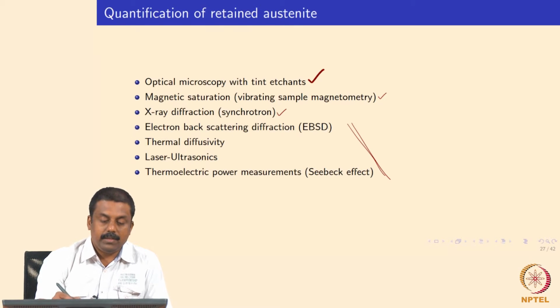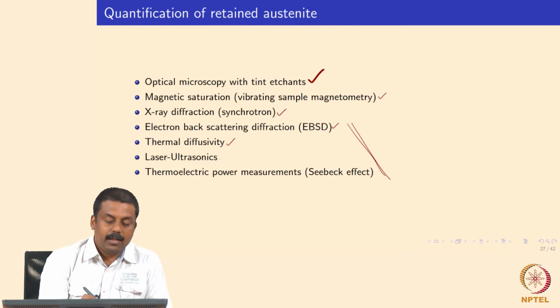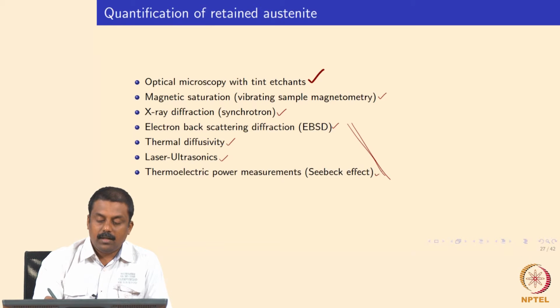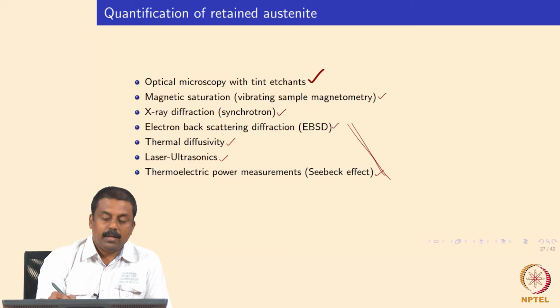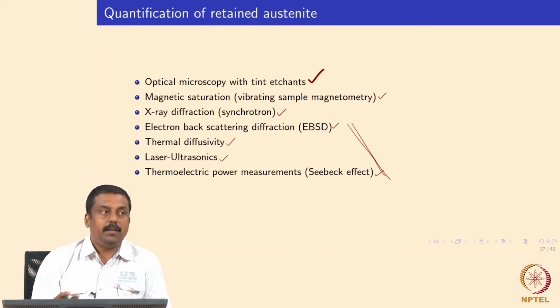For example, you can use electron backscattering diffraction (EBSD), thermal diffusivity, laser ultrasonics, or thermoelectric power measurements. In this case, the magnetic saturation, and to some extent even synchrotron X-ray diffraction, may also measure retained austenite in bulk or in the entire volume.